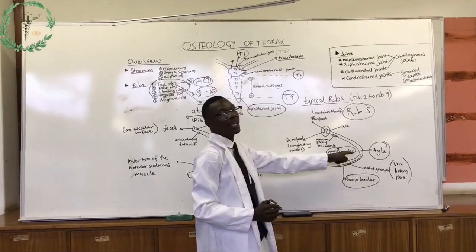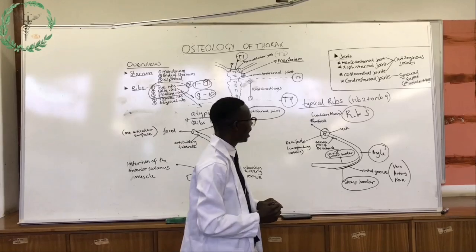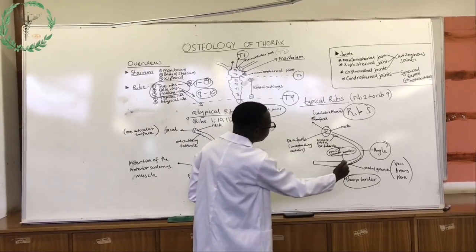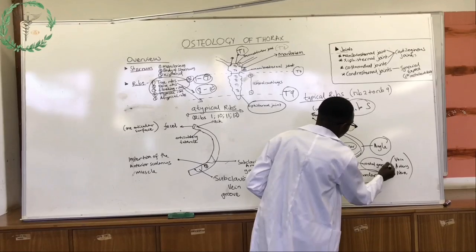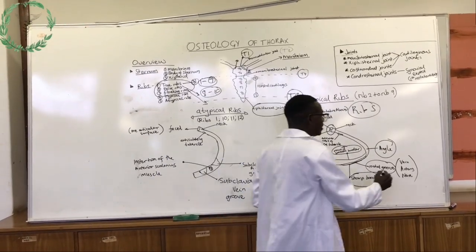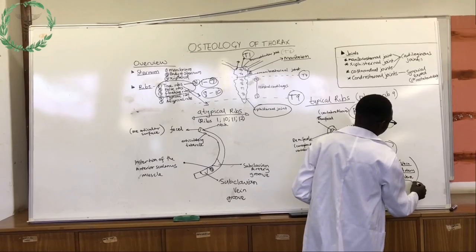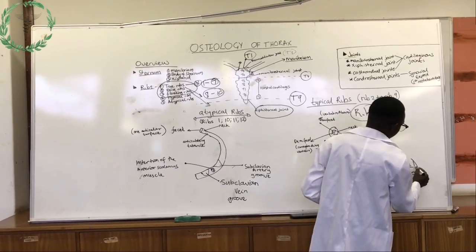This point is the weakest part of the rib. You need to take note of that. At the inferior border, we also have a groove, which we call the costal groove, that accompanies the vein, the artery, and the nerve, moving from superior to inferior.